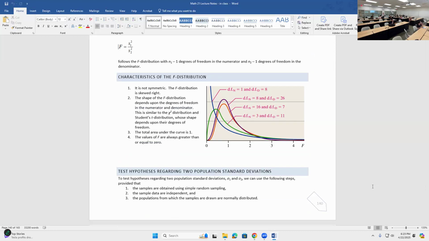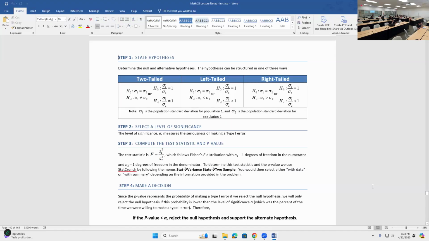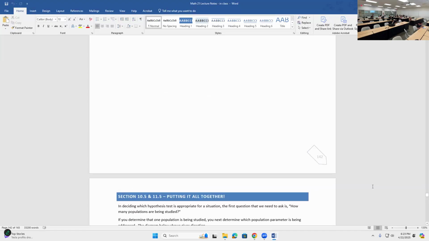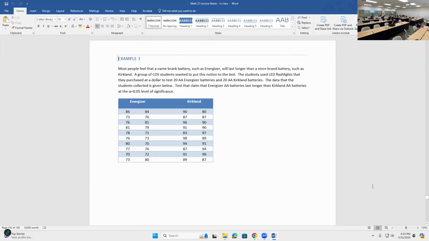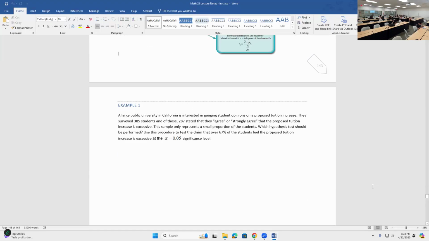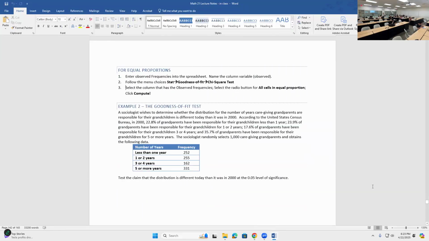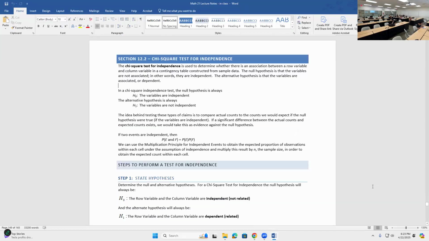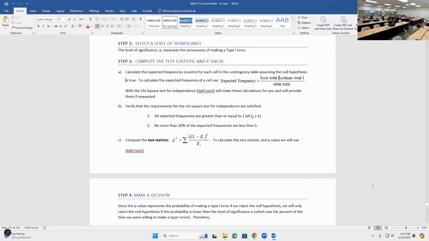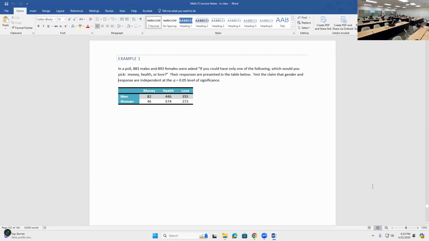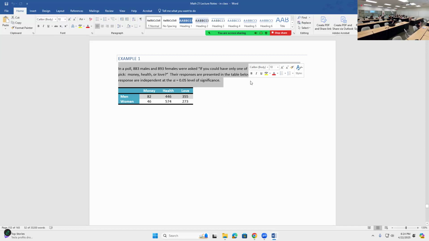They're skewed right. That's goodness of fit. There you go. Chi-square test for independence. So what we're gonna do, let me enlarge this for you, make it a little bit easier to read.